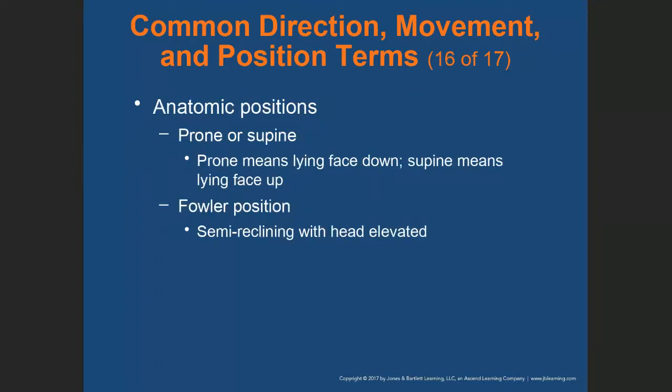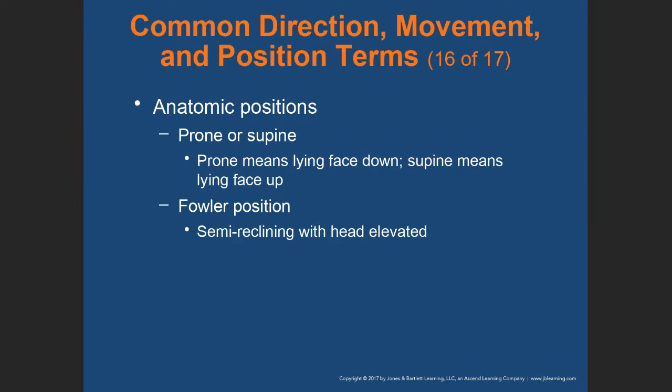Now, anatomic positions. So you have what is referred to as the normal anatomic position. With a normal anatomic position, you're picturing the patient standing, head in a neutral position, the palms facing forward, and the thumb pointing outward.